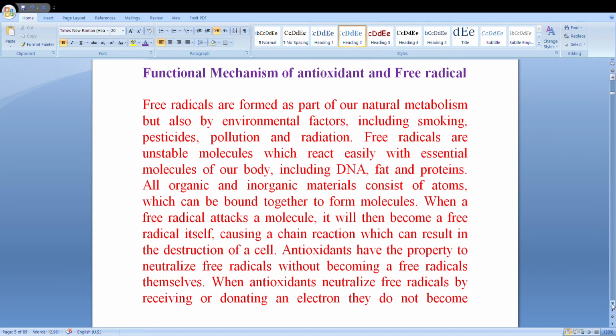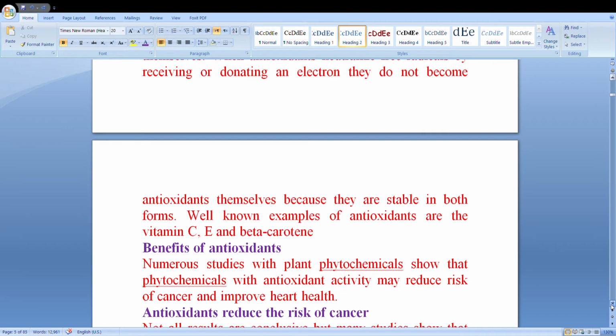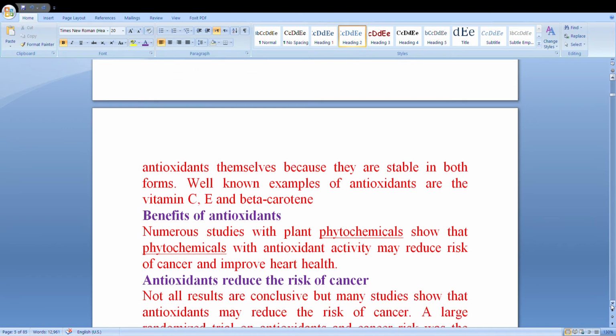Antioxidants have the property to neutralize free radicals without becoming free radicals themselves. When antioxidants neutralize free radicals by receiving or donating an electron, they don't become free radicals themselves because they are stable in both forms.